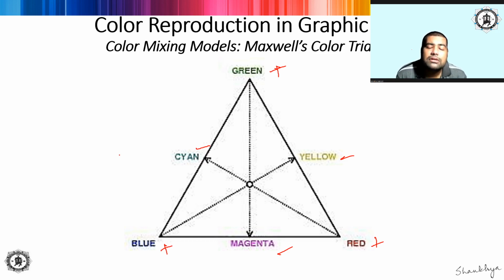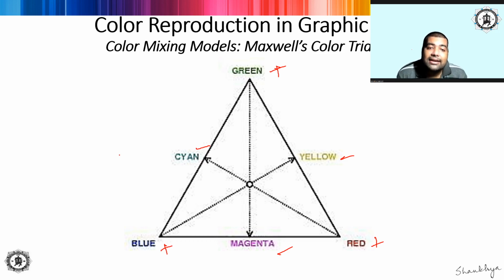So in order to visualize cyan, we have to subtract the red component of the visual spectrum from the entire visual spectrum in order to receive blue and green in equal proportions, such that we understand that it is cyan color. All right, and similarly the others follow.